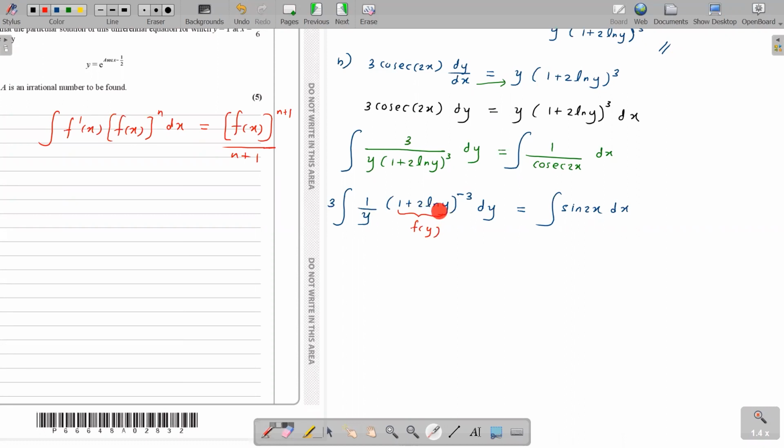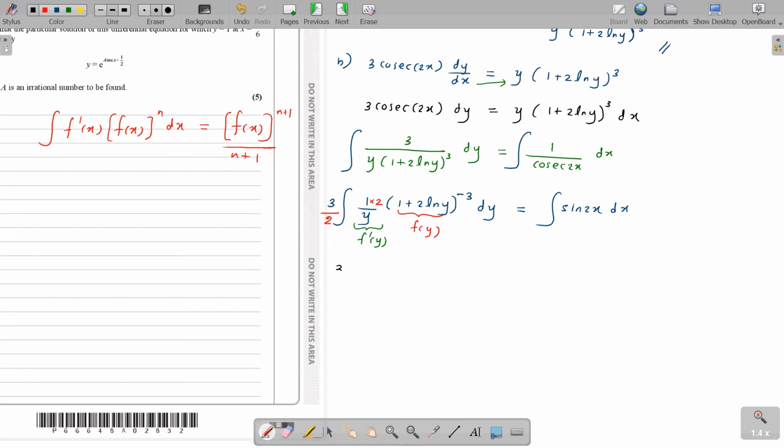So the f dash y here is 2 over y. You can see I already have 1 over y. The only thing I'm missing here is the top 2, the constant 2. So I could input the 2 here, and to cancel that I put a half out. We can input constants as we wish, but not variables. This creates the perfect f dash y. So f y to the power n, and here f dash y. Basically this rule.